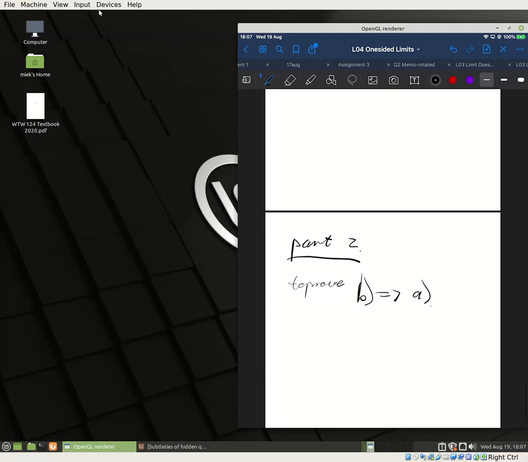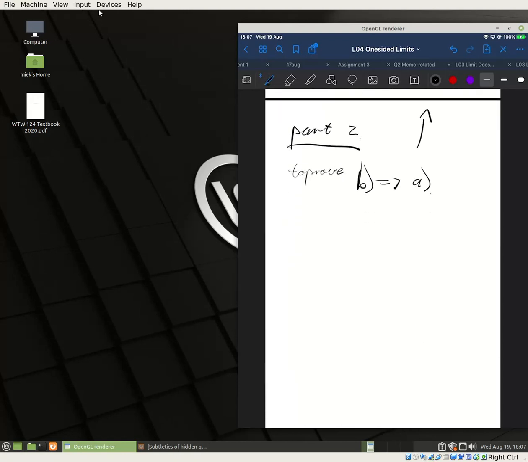You are not allowed to reference anything that you have done previously in either of the parts. So both parts are completely independent.